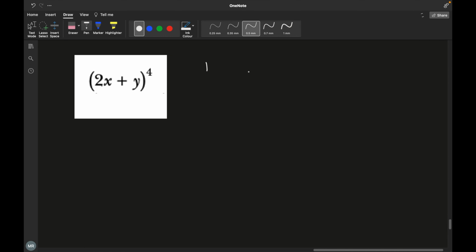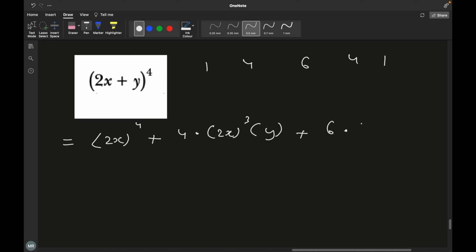This is also going to be 1, 4, 6, 4, 1. So the first term is 2x to the power of 4 plus 4 multiplied by 2x to the power of 3 multiplied by y plus 6 multiplied by 2x to the power of 2 multiplied by y squared plus 4 multiplied by 2x multiplied by y cubed plus y to the power of 4.